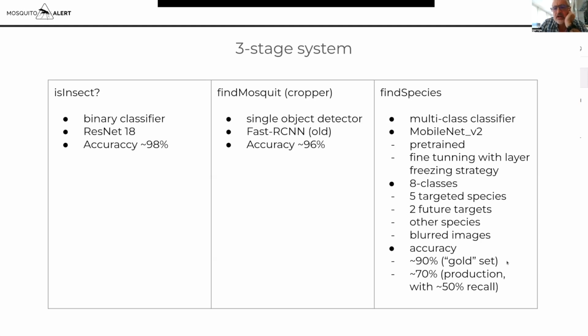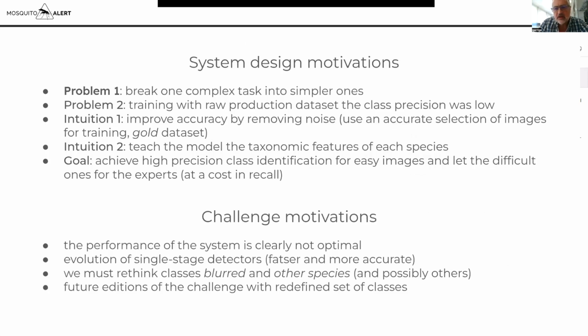But once this model is implemented in production, and we have to classify images that are much more heterogeneous than those in the gold data set, then the accuracy of this filter drops to 70%, with a recall of approximately 50%. And well, why did we do it this way?